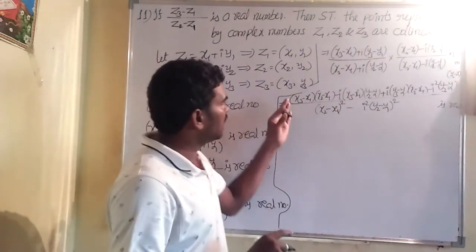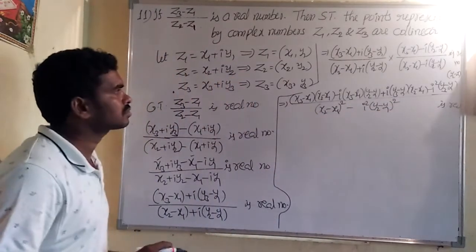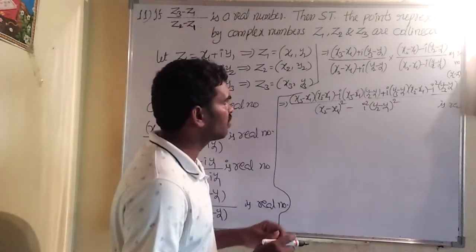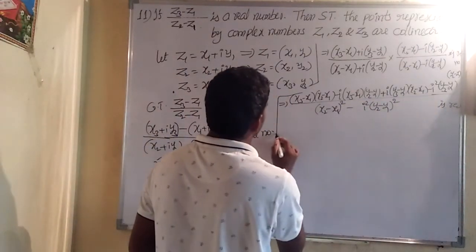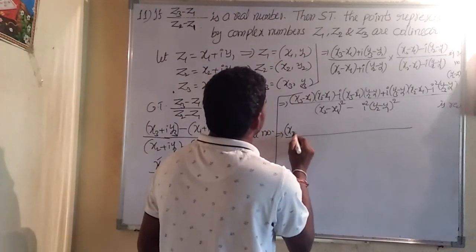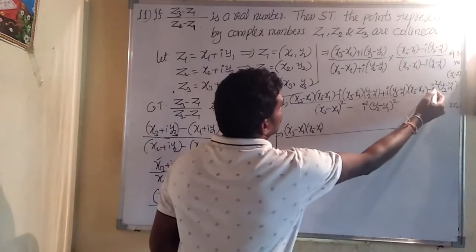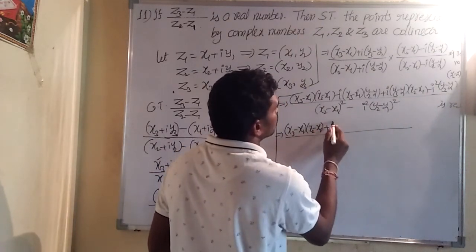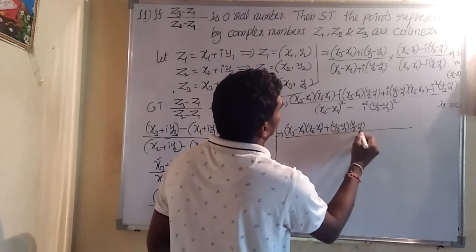Now tell me, in all terms, what is the real number? Okay, you want one more step? Here i square value is minus 1, minus into minus is plus. So (x3 minus x1)(x2 minus x1). So right here minus i square means this comes plus (y3 minus y1) into (y2 minus y1).